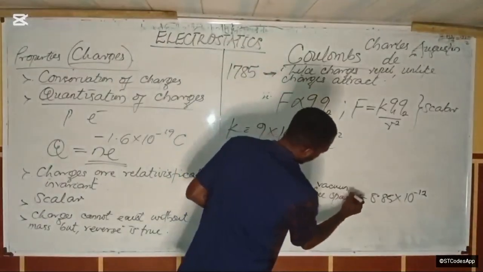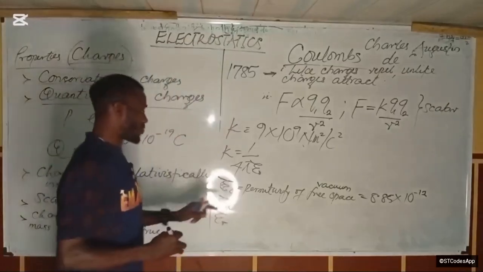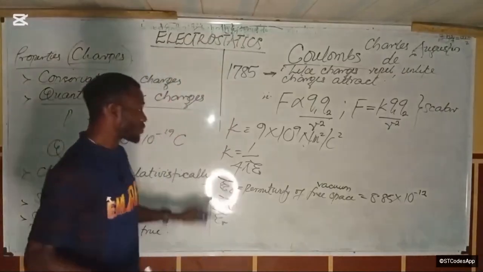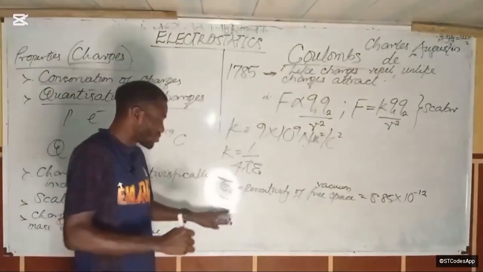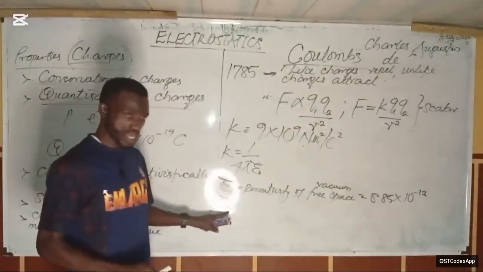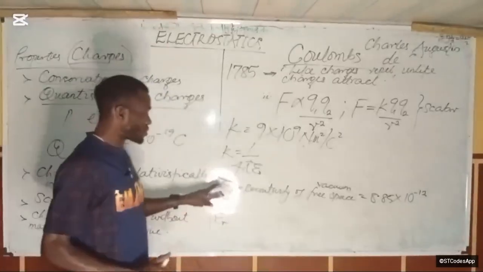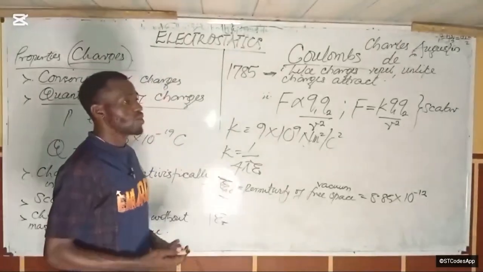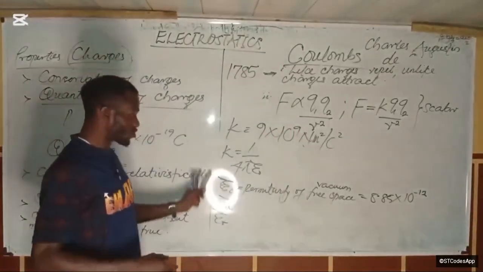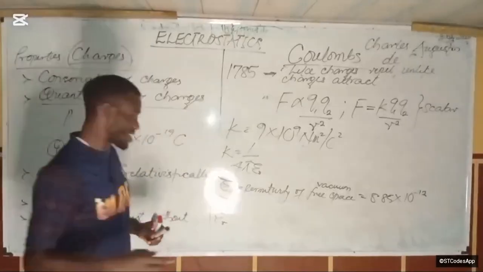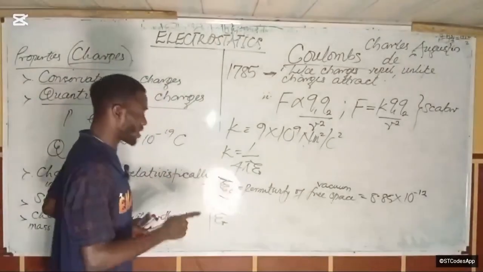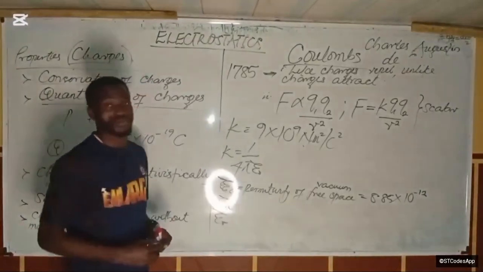But the value of K depends on the permittivity of a medium. The small k we use to refer to free space. But because students usually get confused, there's small letter k and there's capital letter K. The capital letter K is the one we use when we talk about a medium.